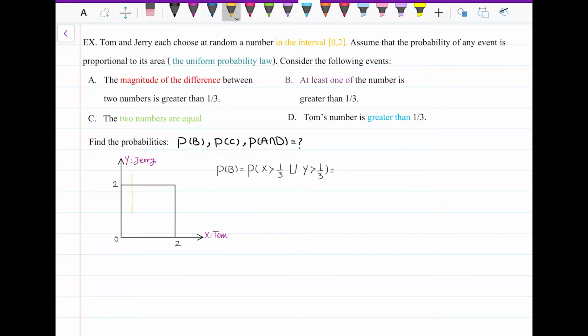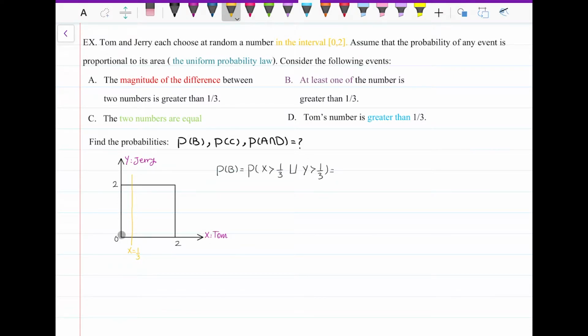When X is greater than 1/3, I'm going to graph this inequality. First I'm going to graph the equality X equals 1/3, and then I'm going to choose which region is X greater than 1/3. Is it the left or the right of the line?